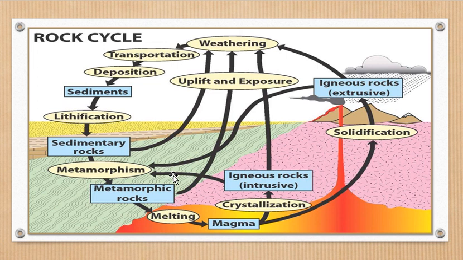So therefore, the rock cycle shows or describes how the types of rocks are interrelated, how they are formed together. It could be sedimentary, metamorphic, or igneous rocks, intrusive or extrusive.